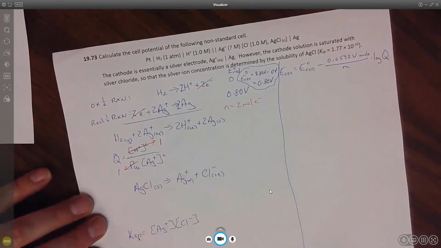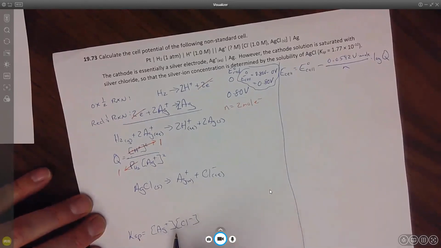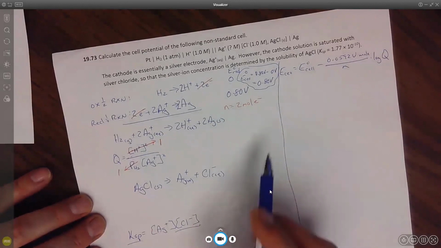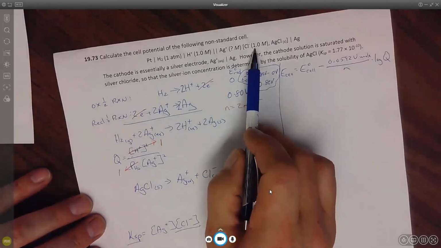And so we will need to solve this by using an ice table. Or do we? I already know this value. It was given to me. It was given in the standard equation.